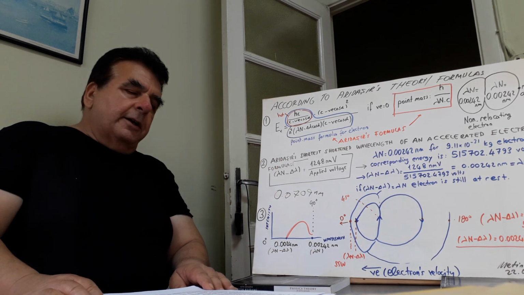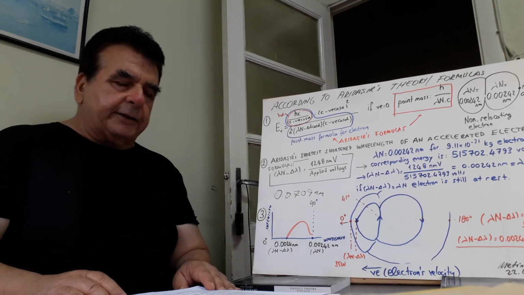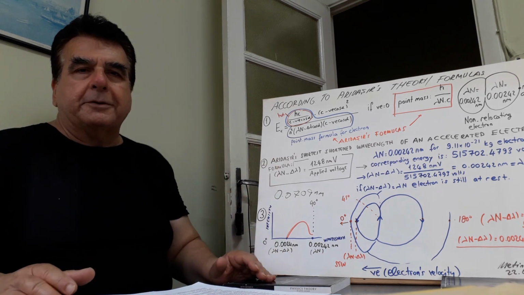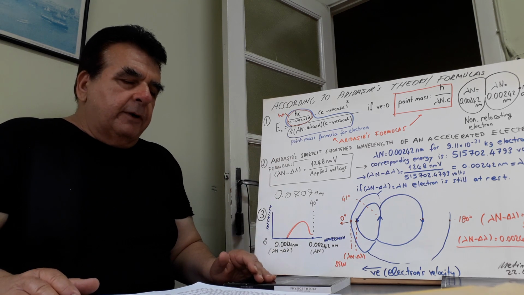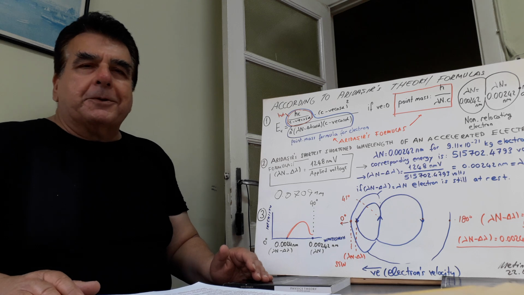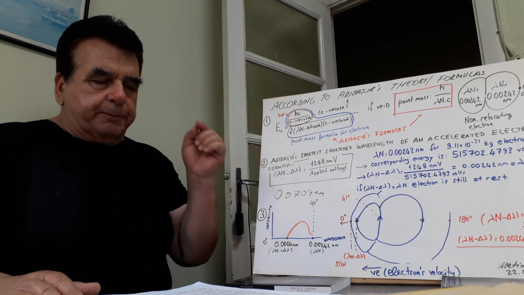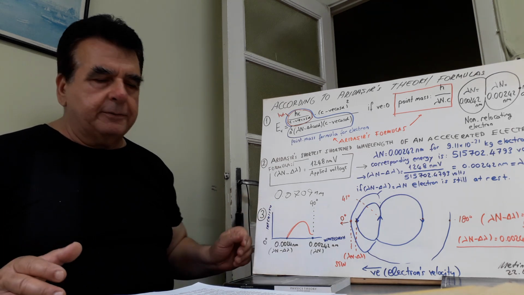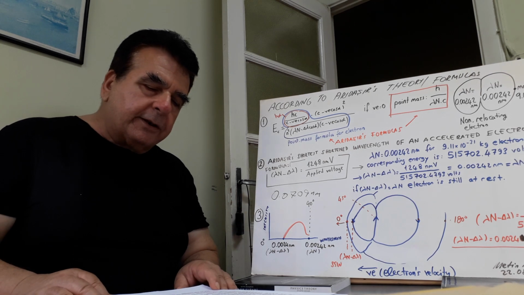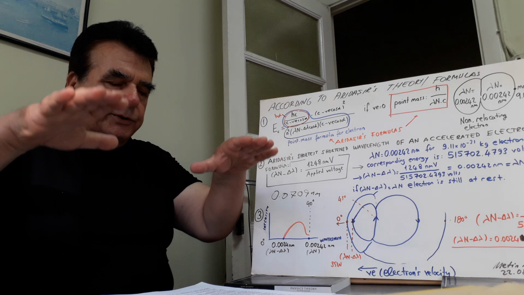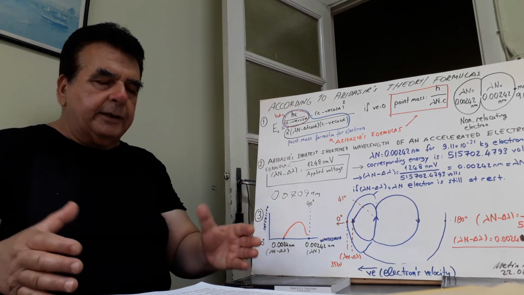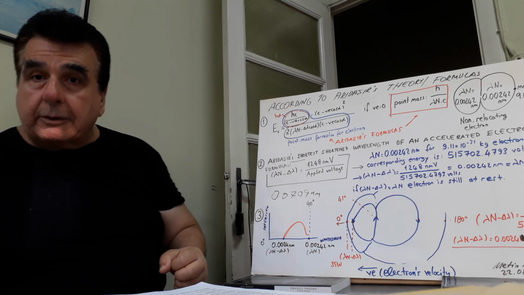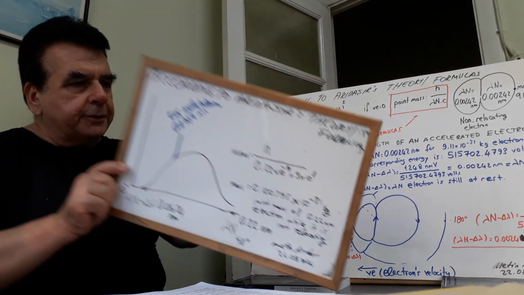This is clear evidence that the electron subject to Compton shift is not 9.11 × 10⁻31 kilogram. This proves that the Compton shift occurs with electrons of smaller mass and larger wavelength. Like what? Like this.